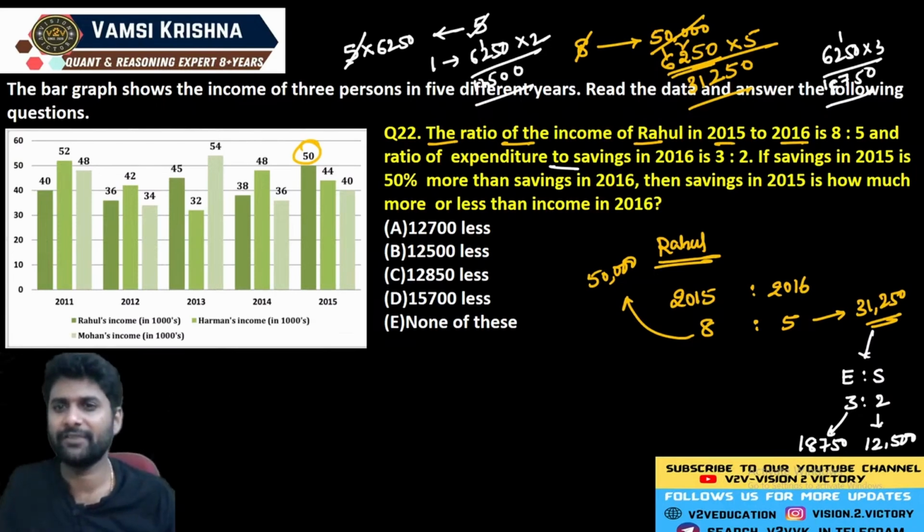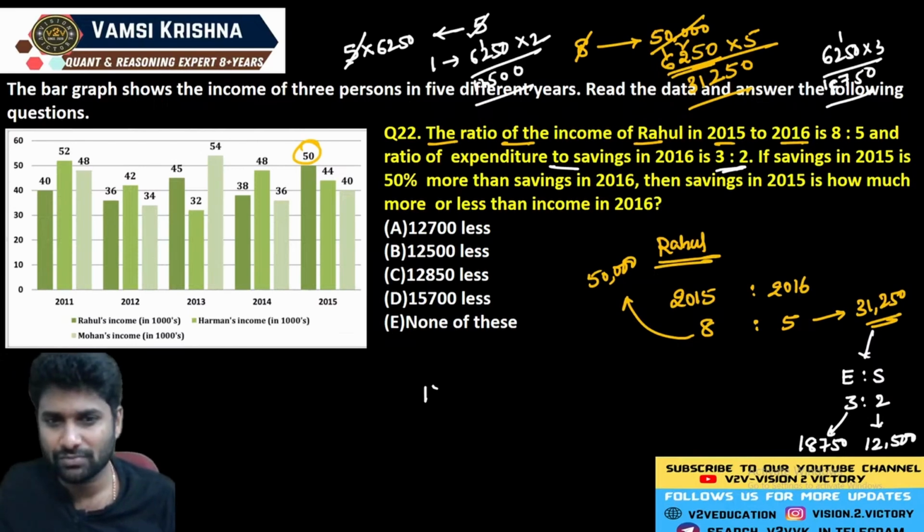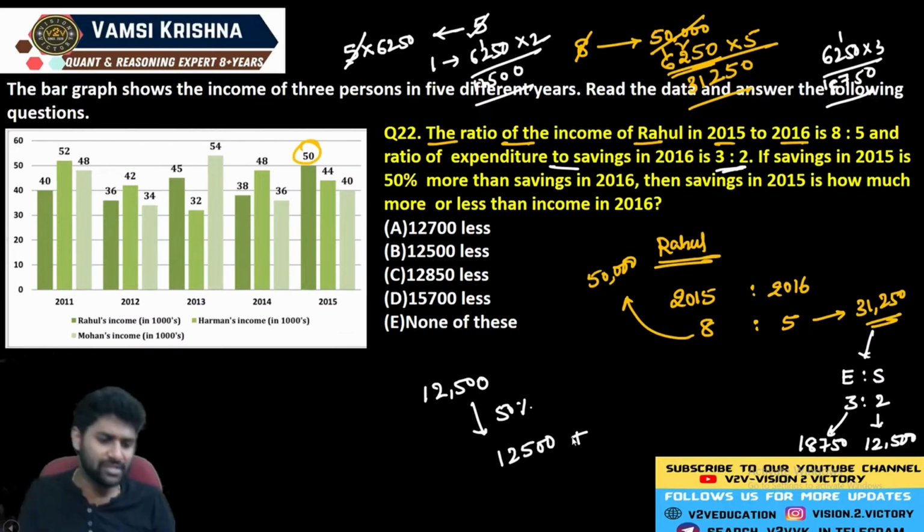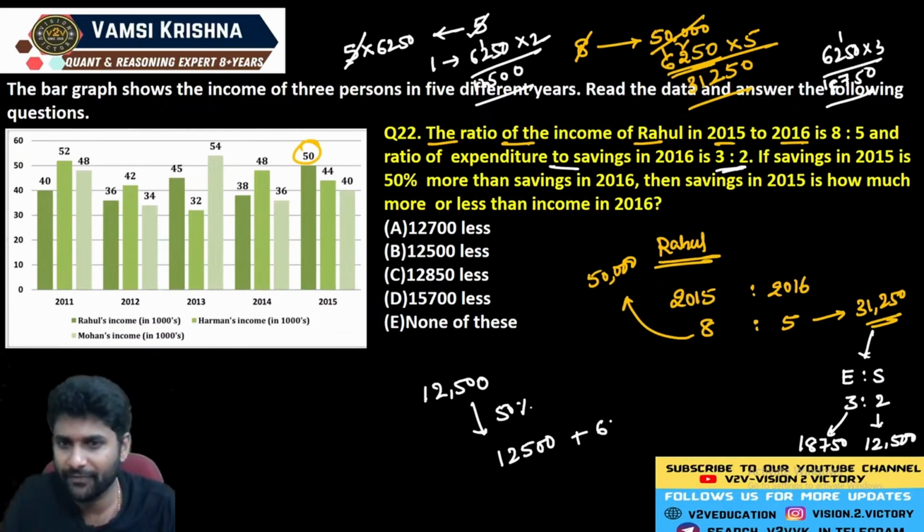Okay, we are done with this point. If the savings in 2015 is 50% more than the savings in 2016, which is 12,500, then 50% of 12,500 is exactly equal to 6,250, right?